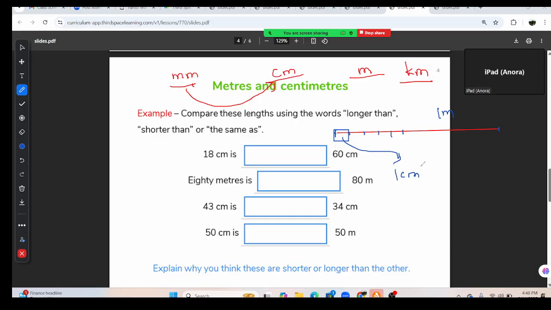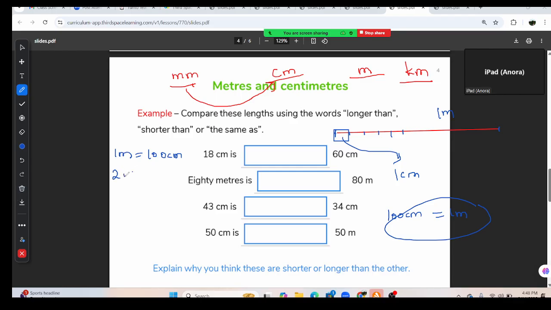If you join 100 small parts, that would give you 1 meter, right? So basically 1 meter is equal to 100 centimeters.